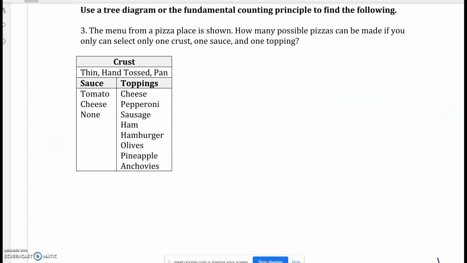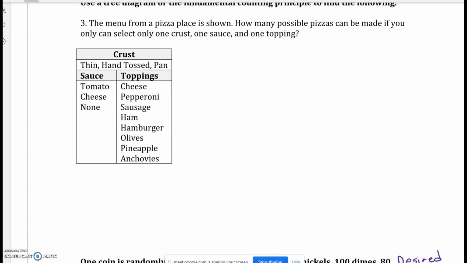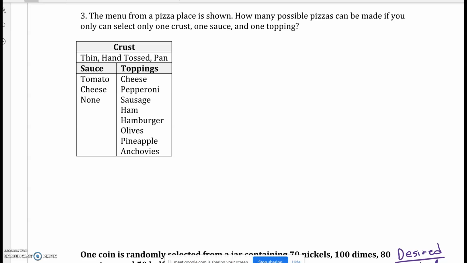So remember in class when we had the cookout trays? What are the possible trays? In this case, we've got crust, sauce, toppings.